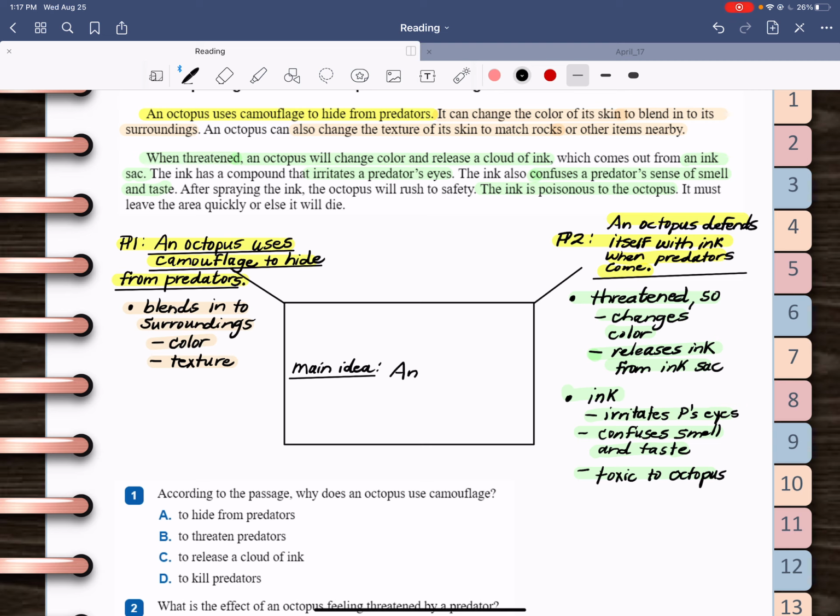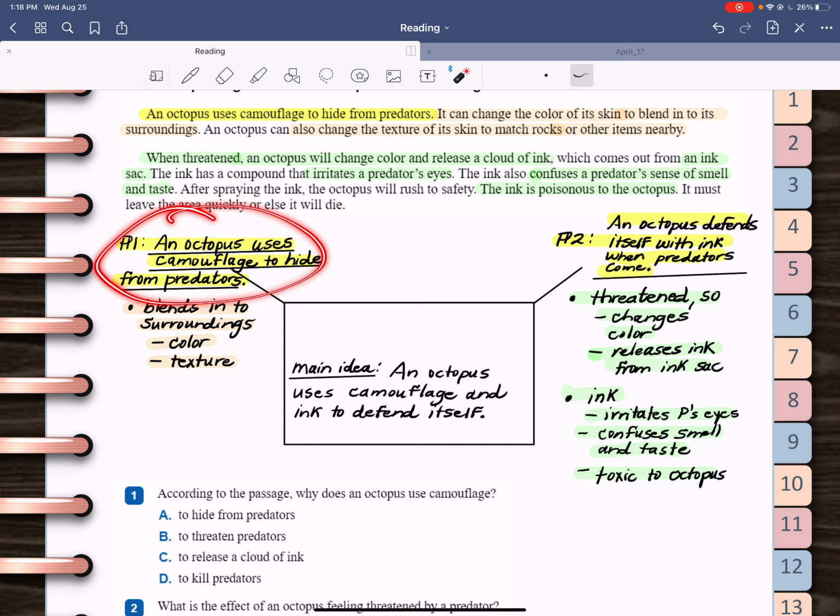An octopus uses camouflage and ink to defend itself or protect itself. You could use either one. So this main idea has this main idea and this main idea together.